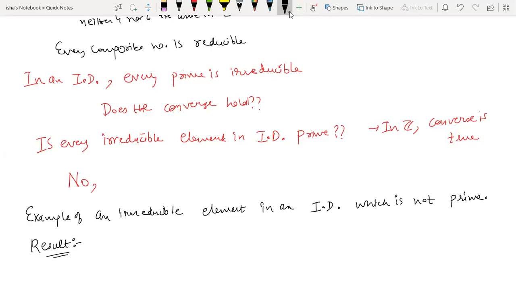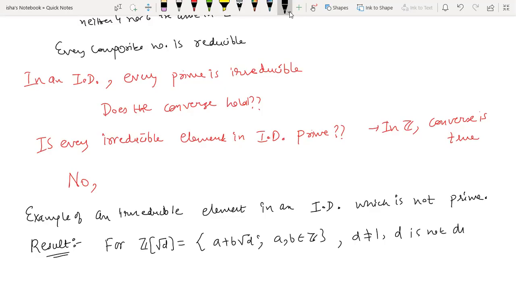So for these kind of rings, Z square root D. So how is this Z square root D defined? A plus B square root D, where A, B both are integers. So what is D? D is not equal to 1 and D is not divisible by the square of a prime.